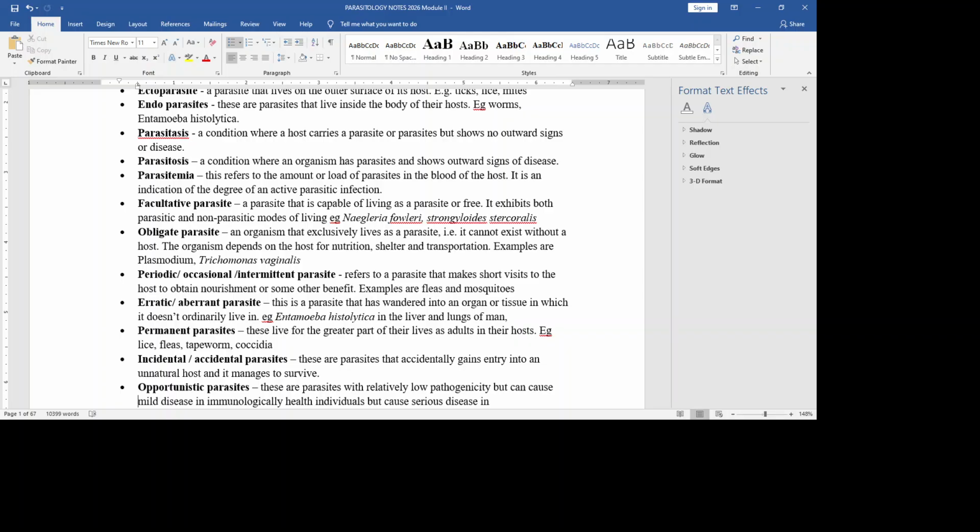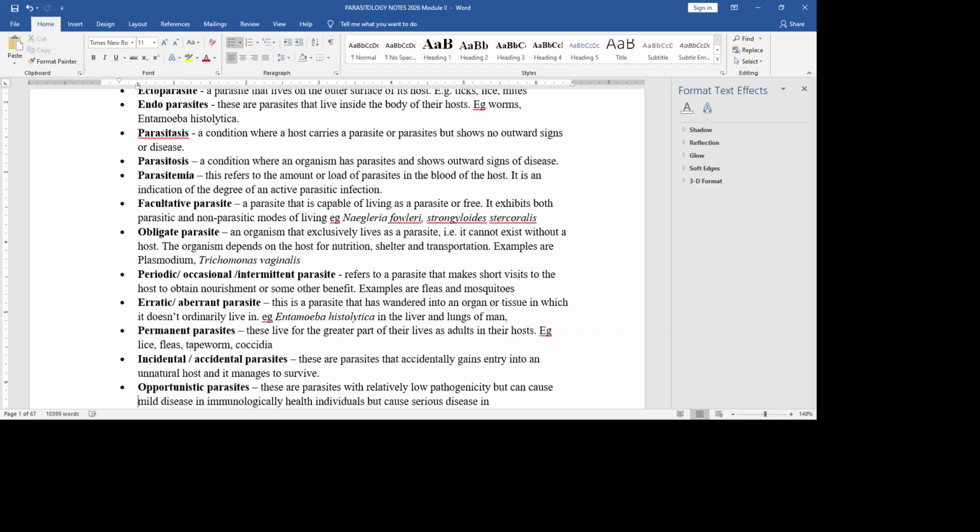Then we have parasthenia. This one refers to the amount of load or load of parasites in the blood of the host. And this is essentially an indicator of the degree of an active parasitic infection.